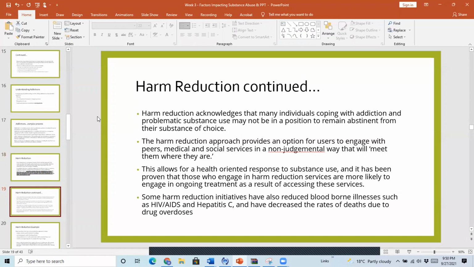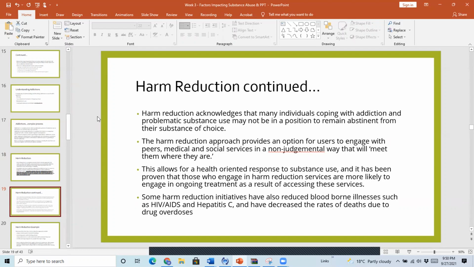Now, sometimes harm reduction acknowledges that a lot of people cope with addiction, and it may not be possible for them to abstain from their substance of choice. That is very, very difficult.